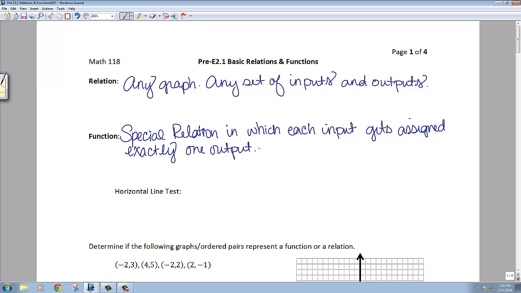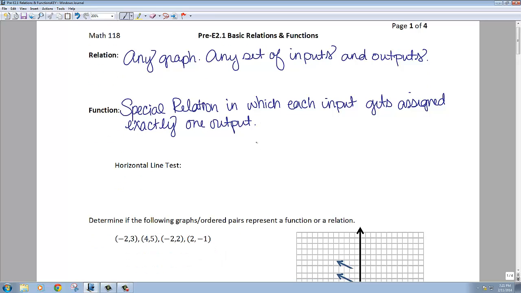Okay, or every x value has exactly one y value. Okay, is normally what we see. Sometimes they're not labeled x and y, so we're going to say input output. Each input gets assigned exactly one output. Now they could all be assigned the same output, but each one only has one specific output.